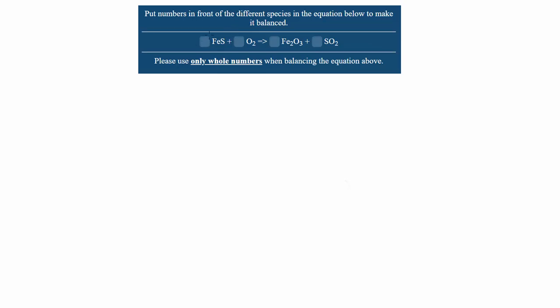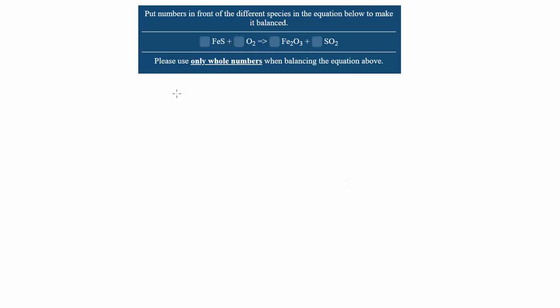So how am I going to approach this? Well, the first step I'm going to take is to audit how many occurrences there are of each element on the reactant side, so on the left hand side of the equation, and I'm going to do the same on the product side, the right hand side of the equation. In this particular case, we've got iron, sulfur, and oxygen.